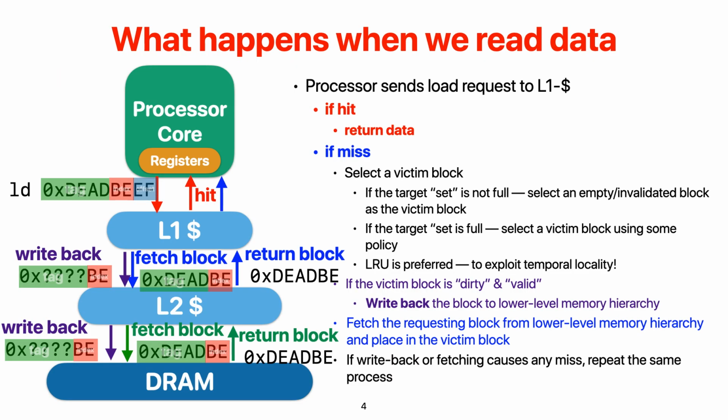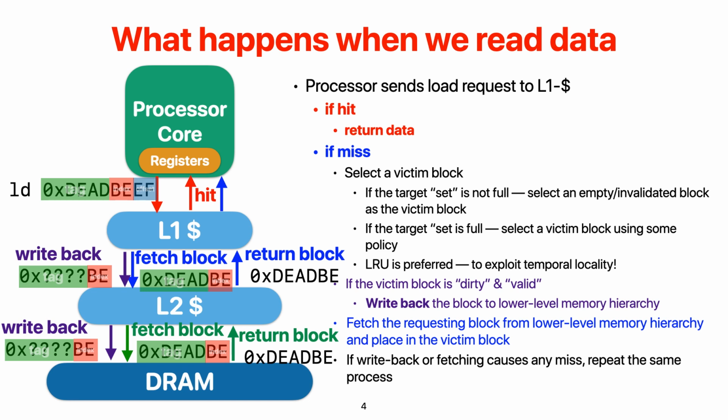With these caches, what happens when we try to read data or instructions is that whenever your processor wants to fetch an instruction or load data, it will first consult the L1 cache. The L1 cache will look up the requesting address, no matter whether it's an instruction or data, by partitioning the address into tag, index, and offset.